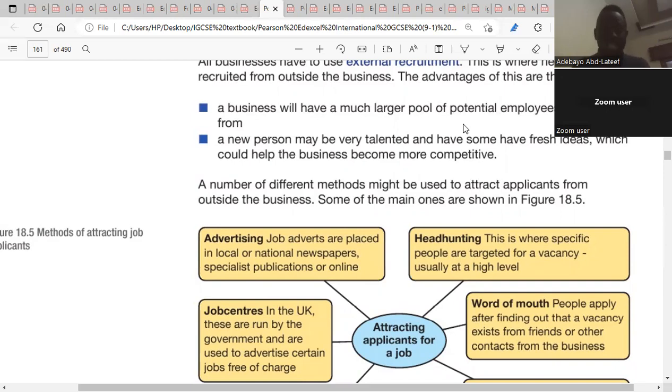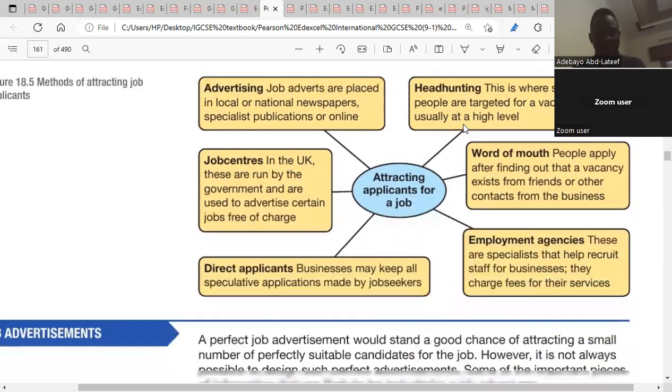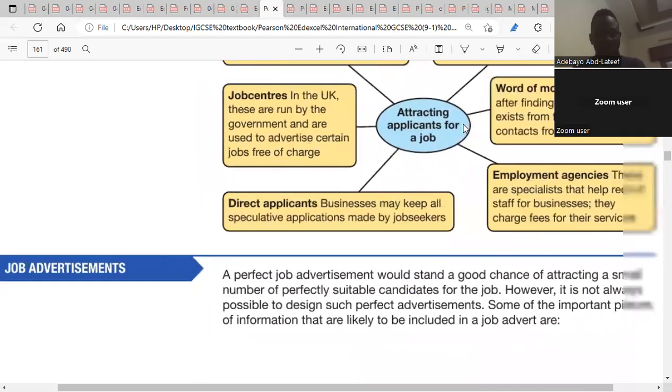Another advantage is that when you employ new people to the organization, they may bring new ideas to the organization. Is it clear? Yes, it's clear.